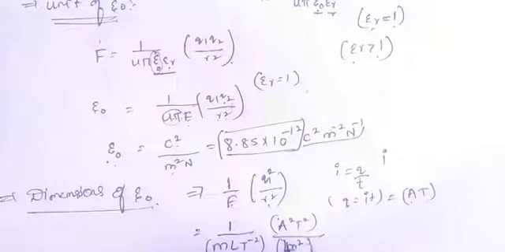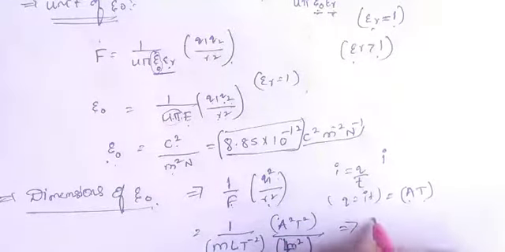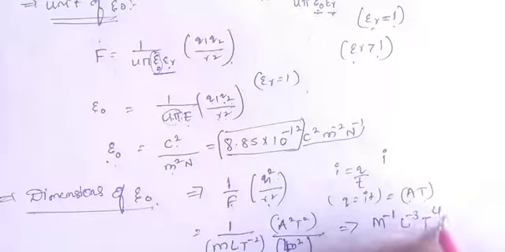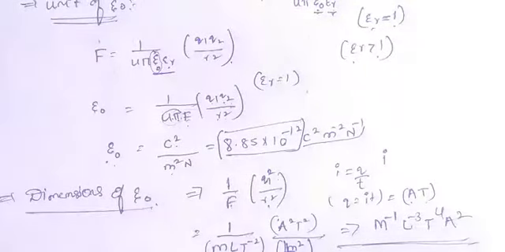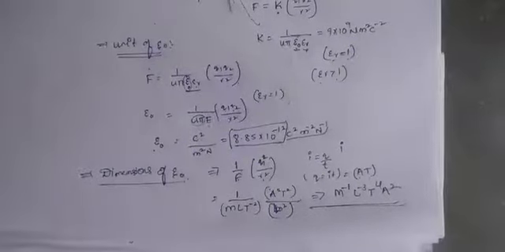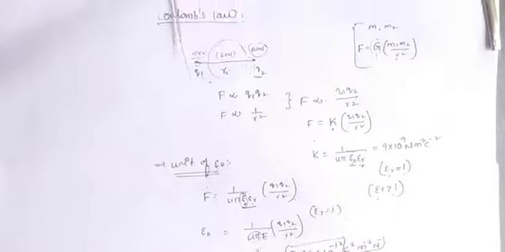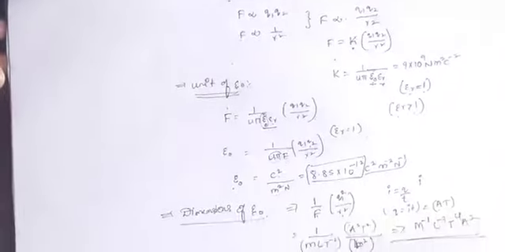So T power 4, and here we get per M, L power minus 3, T power 4 and A square. So this is the dimensions for epsilon naught. So this is about the units of epsilon naught and the dimensions of epsilon naught.